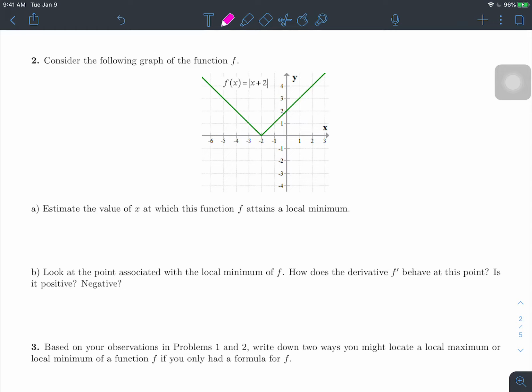Okay, so here we have a function. It's the function absolute value of x plus 2. And we're supposed to do the same process here. So if we want to estimate the value of x at which this function attains a local minimum, just look for the smallest height. It looks like it's happening right there, and that looks like it happens when x is equal to -2.